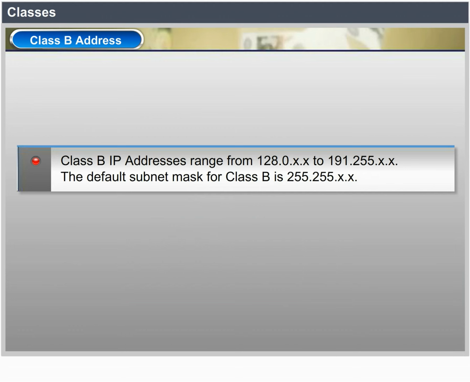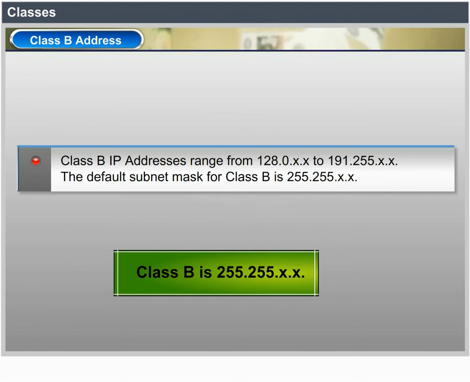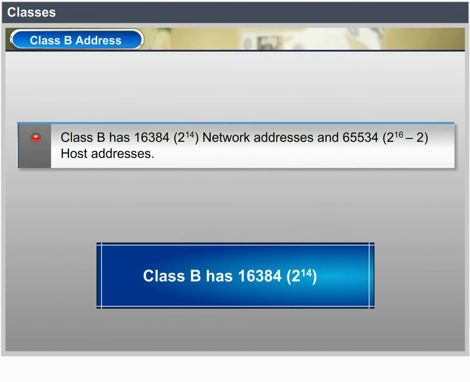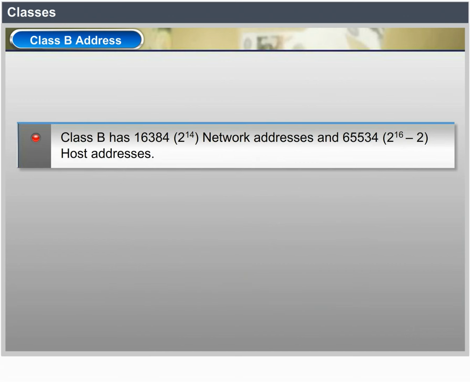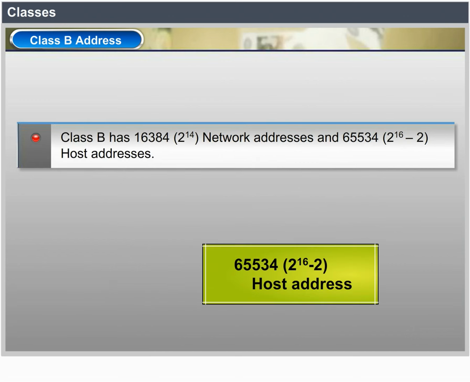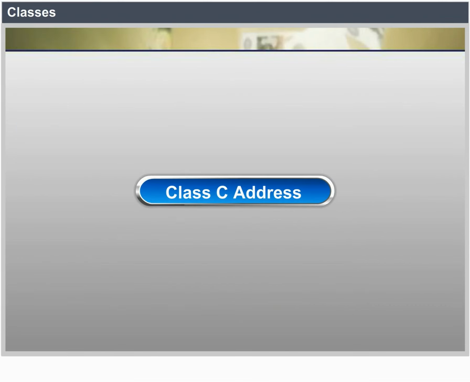The default subnet mask for Class B is 255.255.x.x. Class B has 16384, that is 2 power 14, network addresses and 65534, that is 2 power 16 minus 2, host addresses. Class C address.